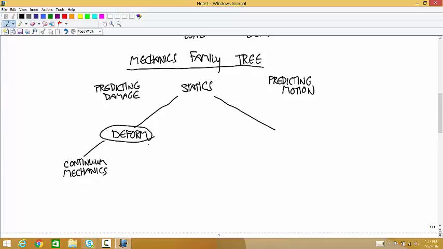Or you can go into a computer approach to these kind of problems called finite element analysis. FEA, or sometimes people call it FEM.